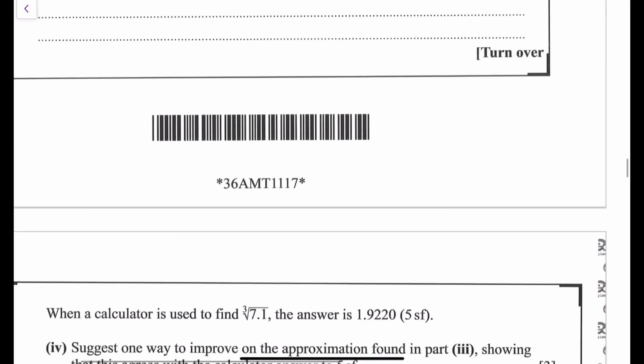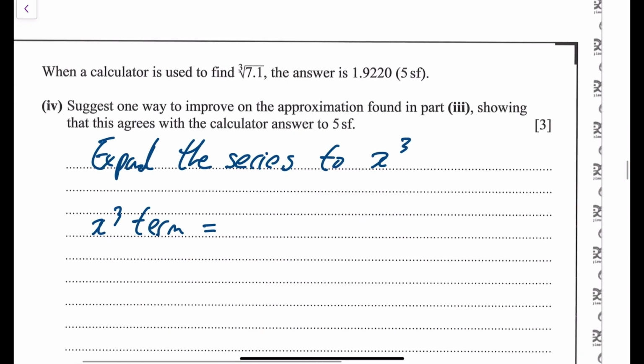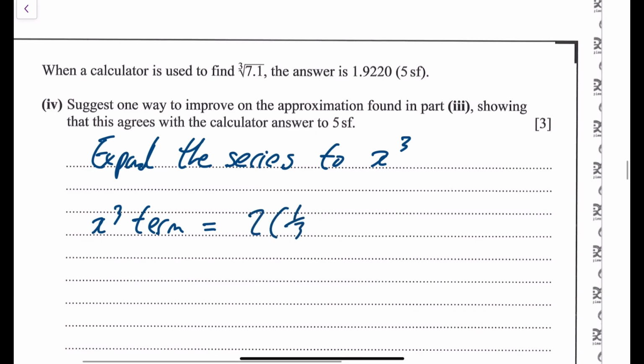So the x cubed term, going back to what we had earlier on, it's going to be n times n minus 1 times n minus 2 times whatever it was cubed all over 3 factorial. So for us, remember you had the 2 outside the bracket as well.